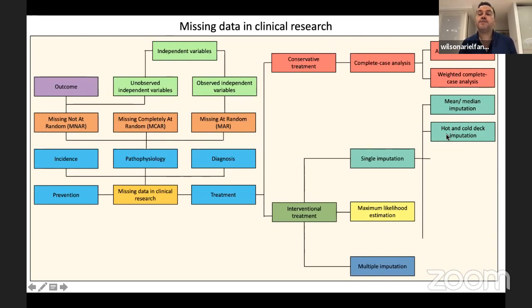Hot deck imputation is when you are matching within the data set of your trial, the same clinical trial, and cold deck imputation means that you are retrieving those data from other clinical trials. So you just need to find a sort of matched patient and try to replace those data.